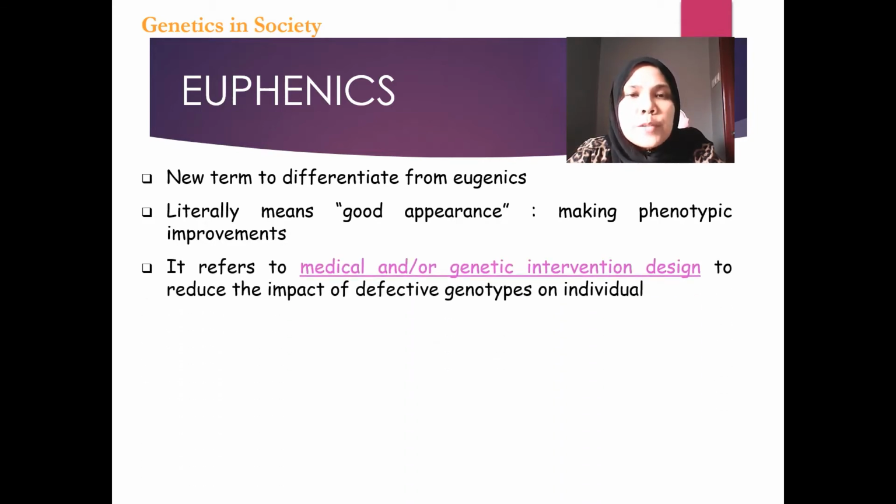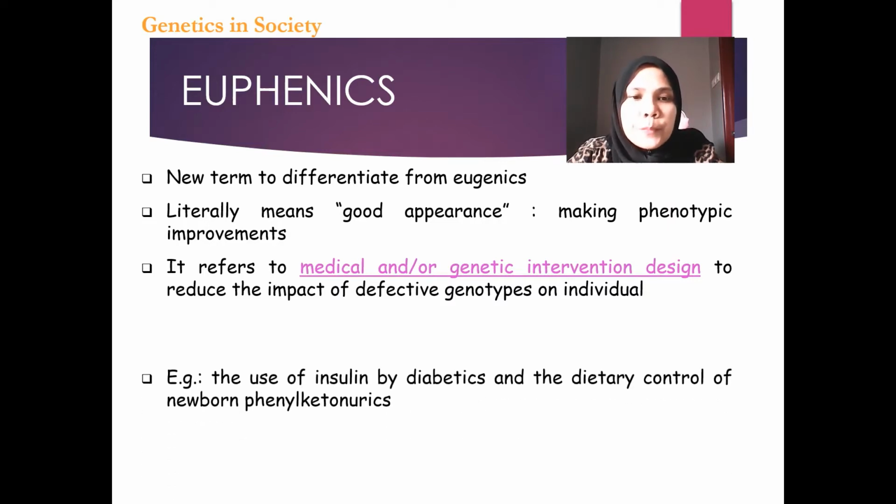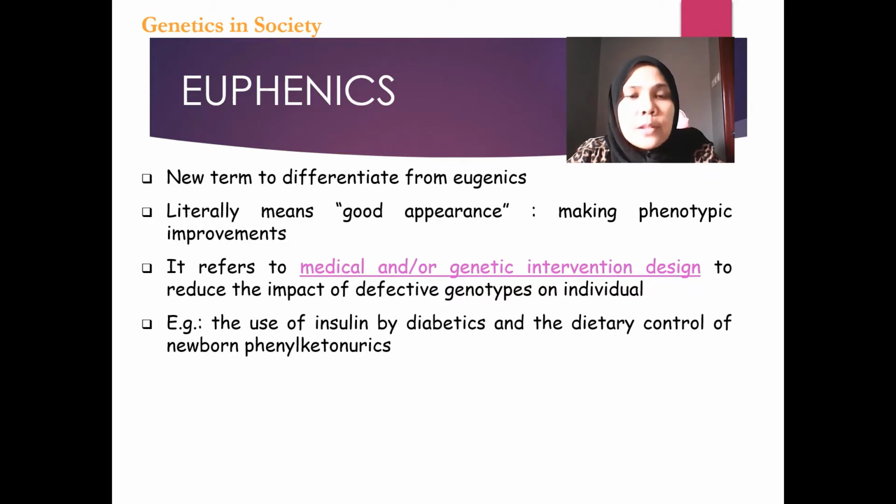It refers to medical and/or genetic intervention designed to reduce the impact of defective genotypes on the individual. For example, the use of insulin by diabetics and the dietary control of newborn phenylketonuria.